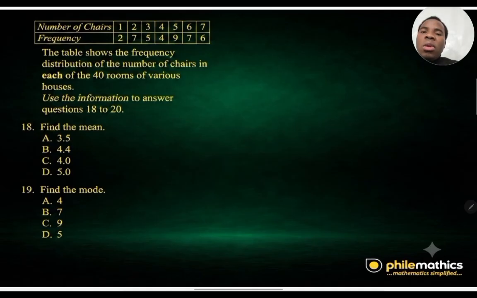Since we are given a frequency table, our mean x bar will be summation of the product of our frequency with our values over summation of our frequency.